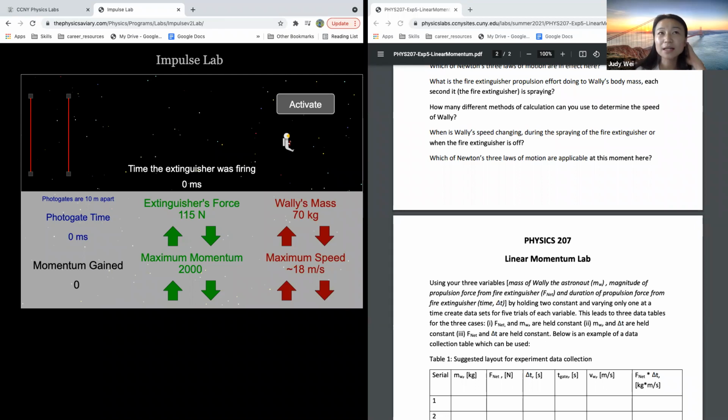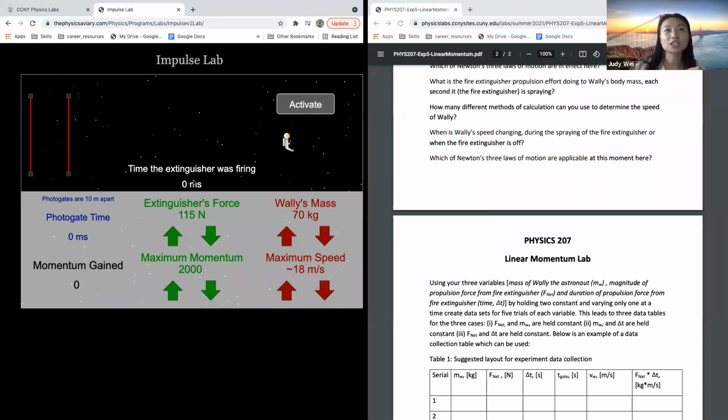Because when there's no external force, you don't have acceleration, so you will remain in your current moving status. If you're still and no force is pushing you, you will remain still. If you are moving with a speed and there's no external force working on you, you will remain moving with that speed.